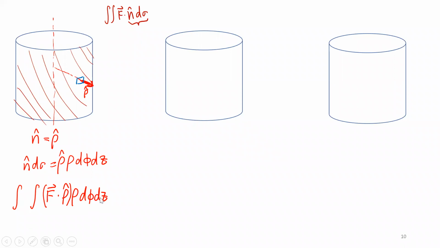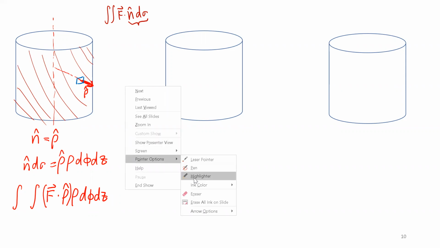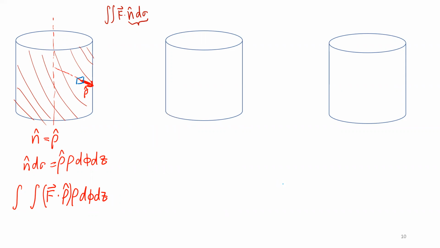How do we set the integration limits? First of all, one more thing: what about rho here? The rho here is the rho value if we are staying on this cylindrical surface. Let's say the radius again is big R, so then rho is just a constant value, this big R.